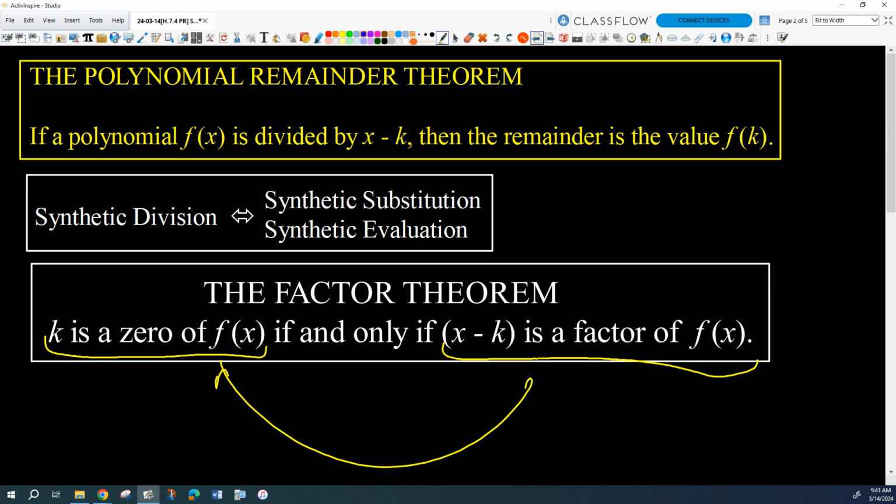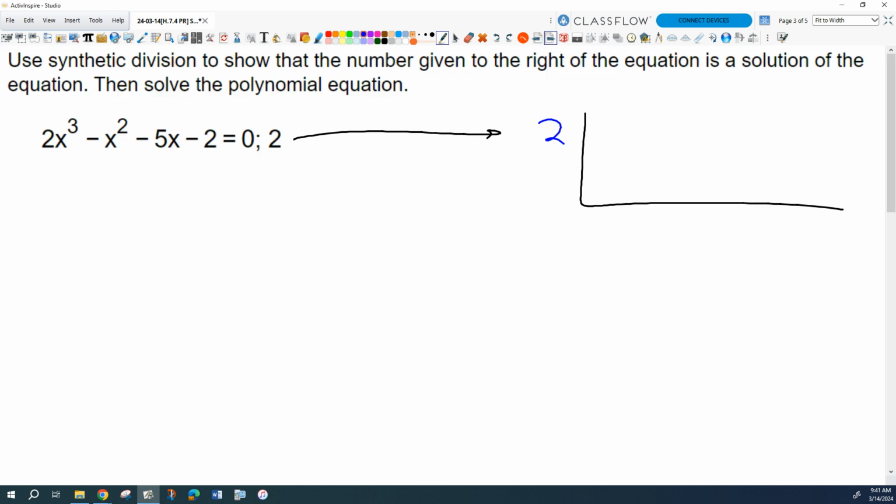Okay, and if 2 is a 0, then x minus 2 would have to be a factor, right? Doesn't that make sense? And so if it's a factor, then the zero product property would tell us that's a solution, wouldn't it? So if I could divide by x minus 2 with no remainder, then we know it's a factor. Factors go with zeros.